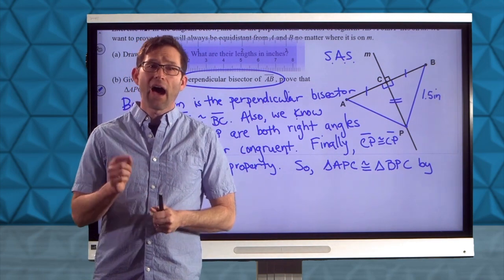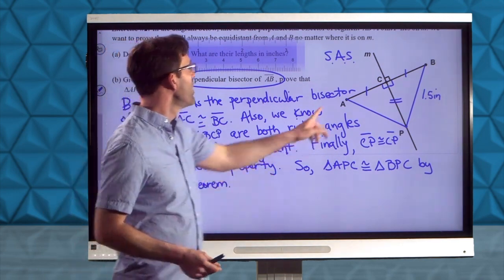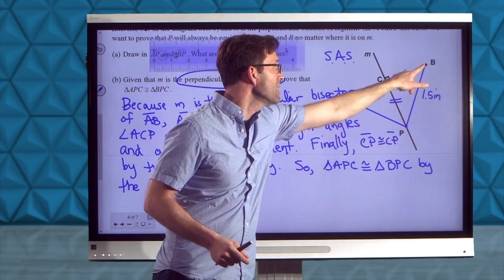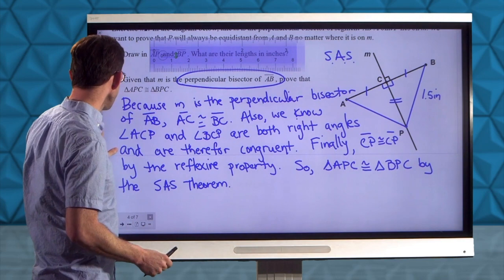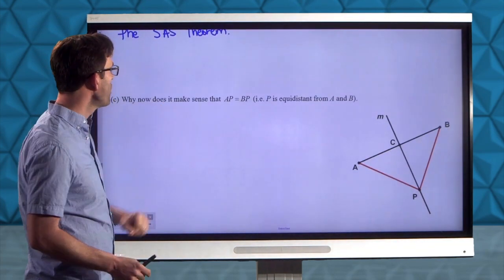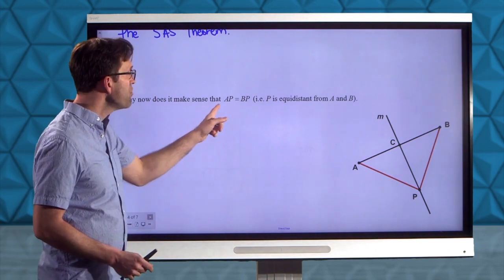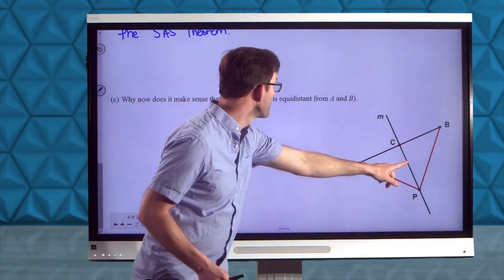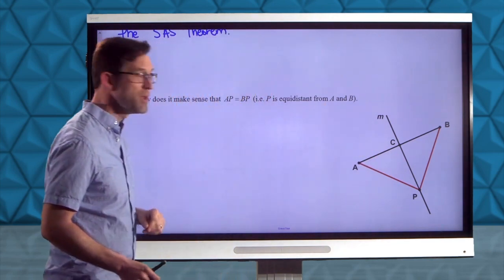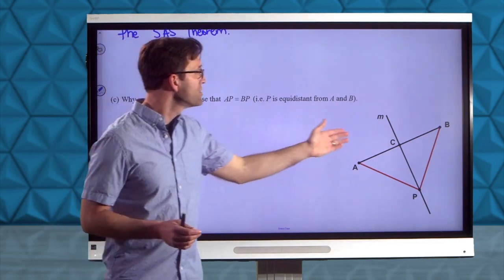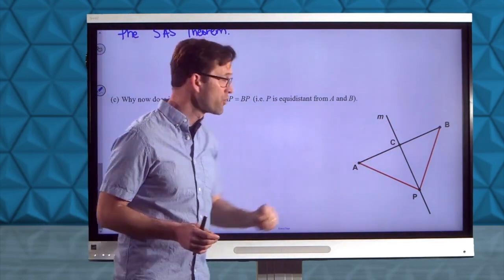Great. How does this now prove that point P is equidistant from A and B? Let's take a look at that in the final part of the problem. It says, why now does it make sense that AP is equal to BP? P is equidistant from A and B. Well, think about this. I know that these two triangles are identical, right?